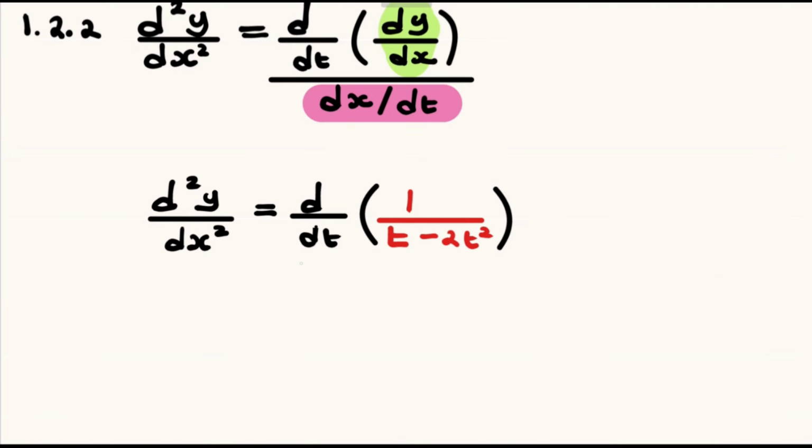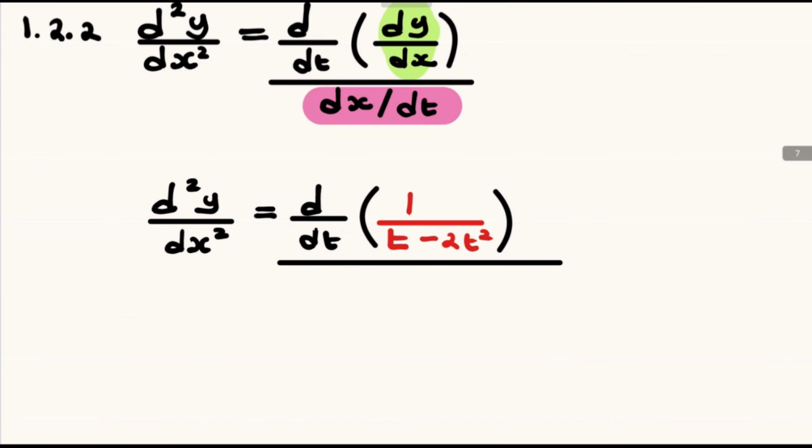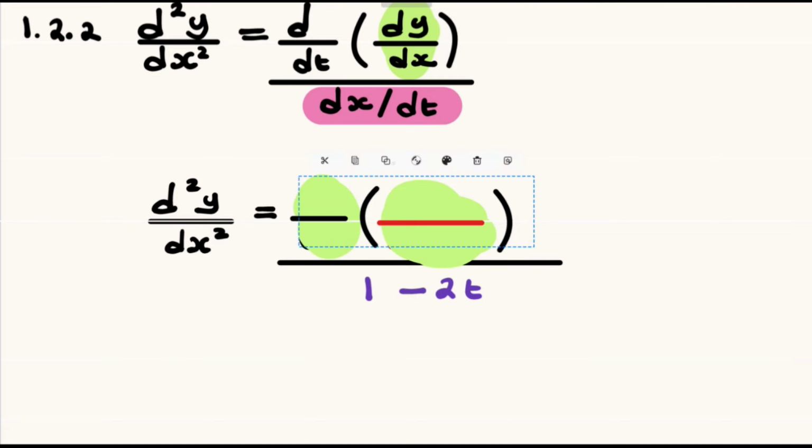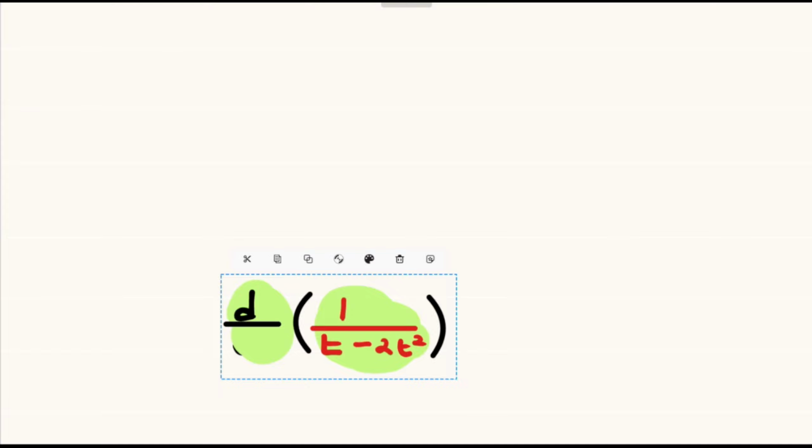And this is divided by the dx divided by dt. Dx divided by dt is equal to the 1 minus 2t. This d divided by dt simply means that we have to differentiate the 1 divided by t minus 2t squared. So let's go and differentiate it by the side.